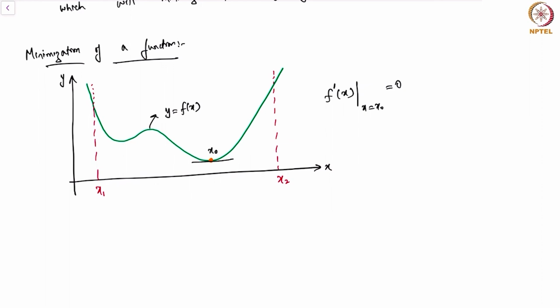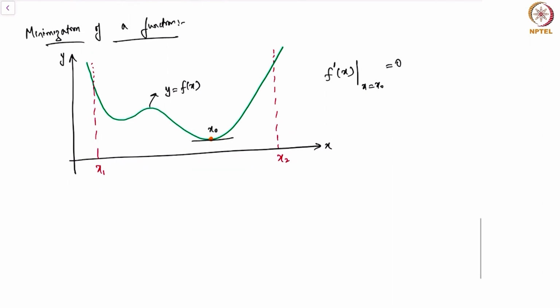We look for variations about this point, and if the slope of the function is 0 at that location, which means the variations go to 0, then we know that we are at an extremal point. Of course, I'm glossing over the fact that to be sure this is a minima, we also need to evaluate the second derivative. But I hope you get the picture that whenever we have an extremal point, the slope goes to 0. But what does minimization of a functional mean?